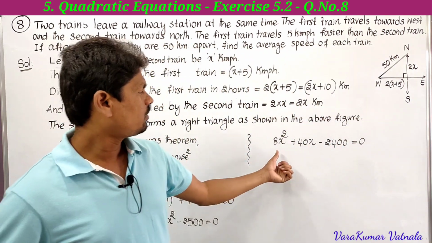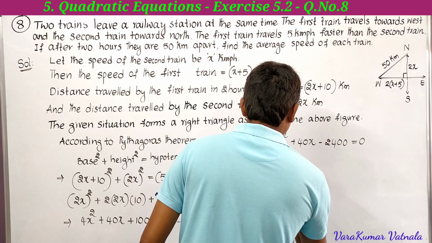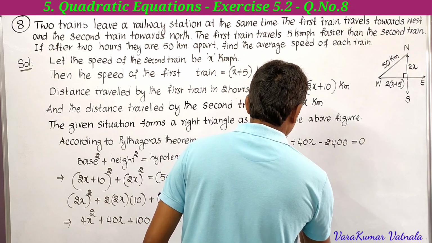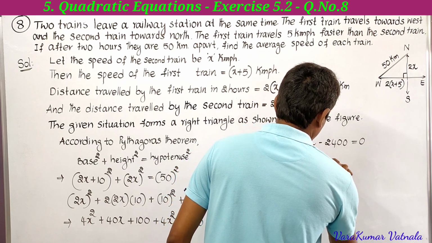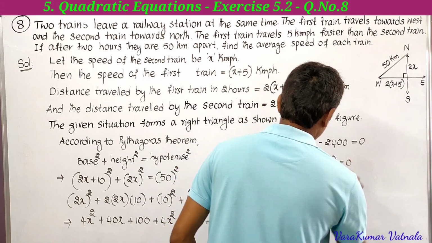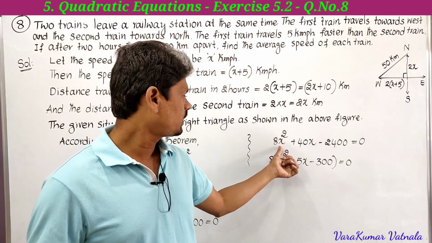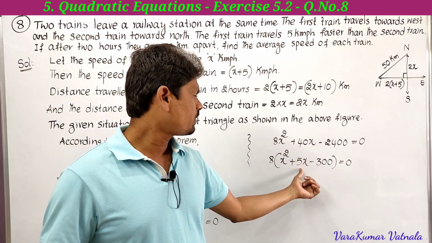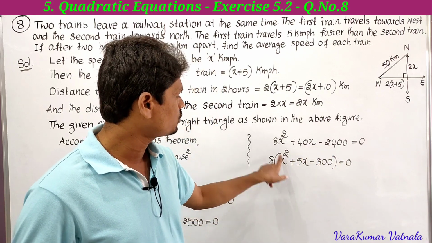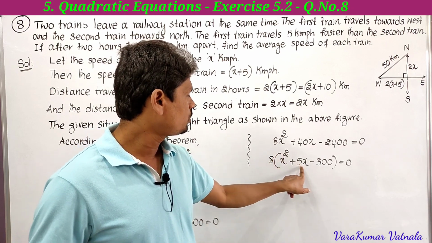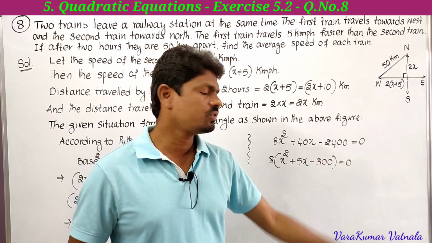Here we can take 8 common. So I am taking 8 as common: x square plus 5x minus 300 is equal to 0. Again if you multiply by 8, you can get 8 into x square, 8x square, 8 into 5x, 40x, 8 into minus 300, minus 2400.